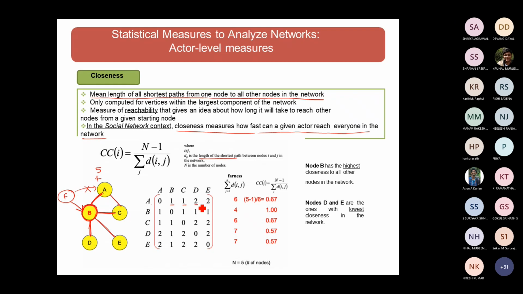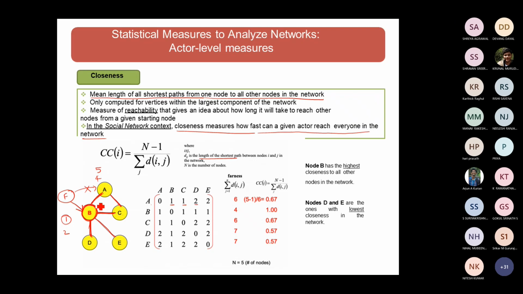So this is the length of the shortest path. If there is one shortest path, this is our answer: the length of the shortest path means 2. If I see here A to C, C to B, B to D, it is not a shortest path because it is greater than the shortest path.